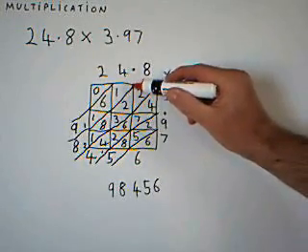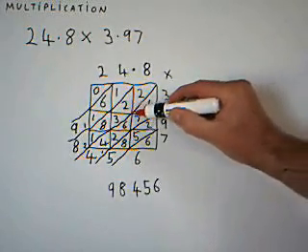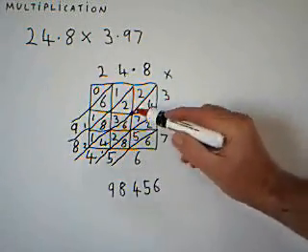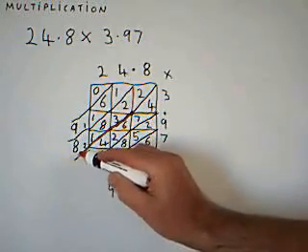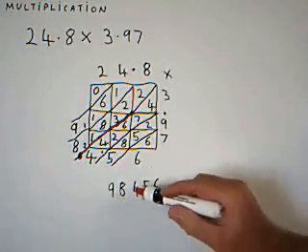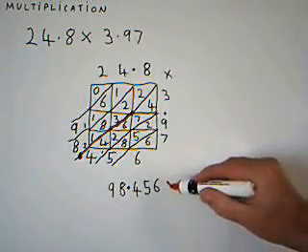Just bring that down till they cross, like that. See? And then come all the way down that diagonal. And that tells you where to put the decimal point. 98.456. Done.